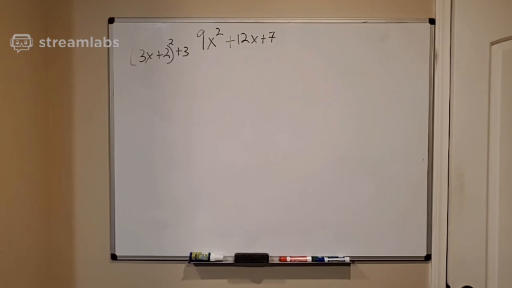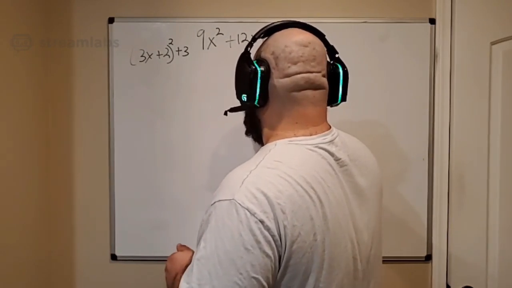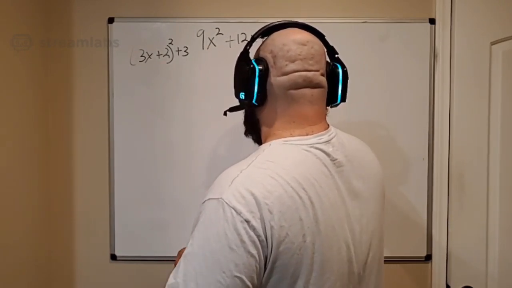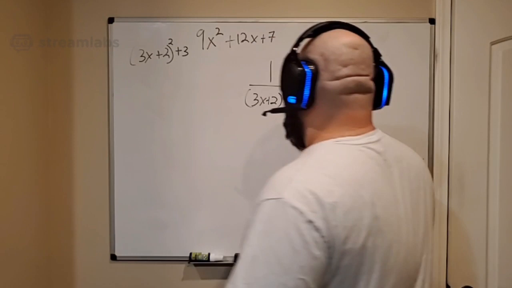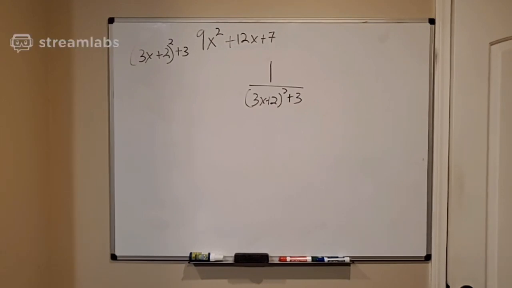So what we're looking at is analyzing this function right here and asking ourselves, what values does that function take on? In a fancy way, what are they asking for? The range, the y values.